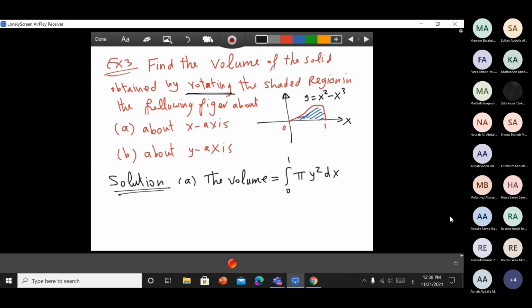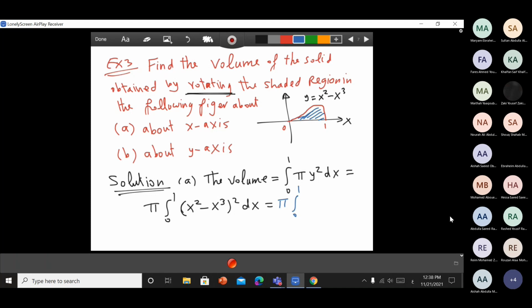So it will equal pi outside, the integration from 0 to 1, where y is x squared minus x cubed, all squared, dx. If you have your calculator, you can do this straightforward. If not, you can do it by hand as follows. First expand this one.